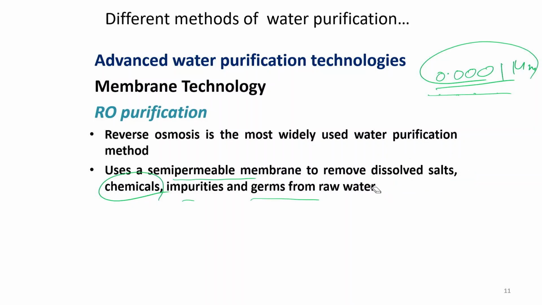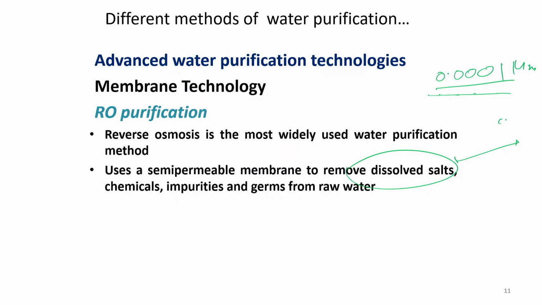If you use raw water directly, the problem would be that large particles are also there, and the membrane will get clogged very quickly, so it will not perform its function properly. So, RO purification we can use only after pre-filtration.